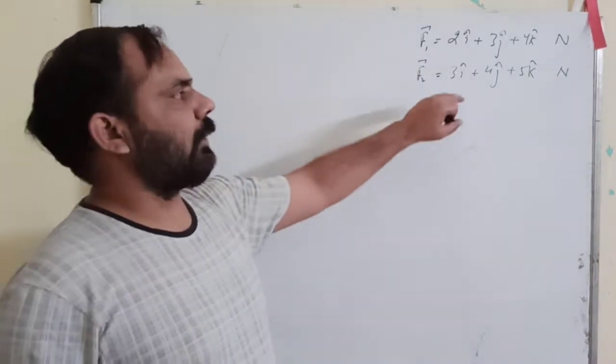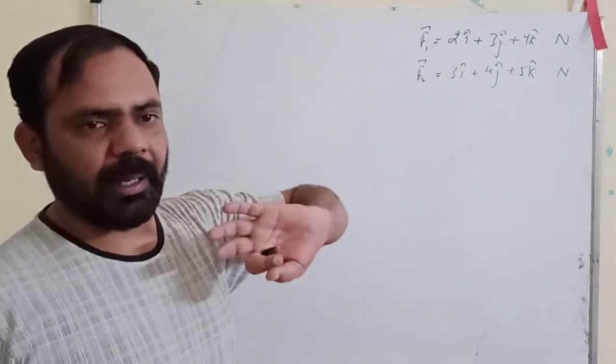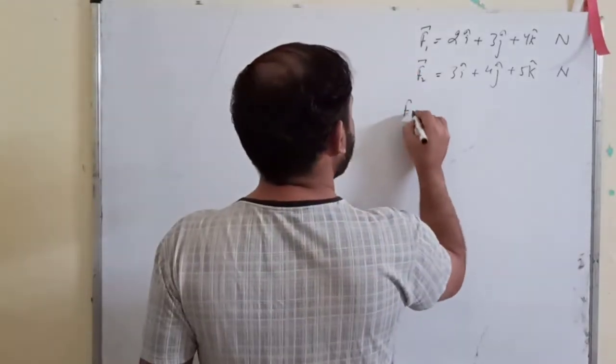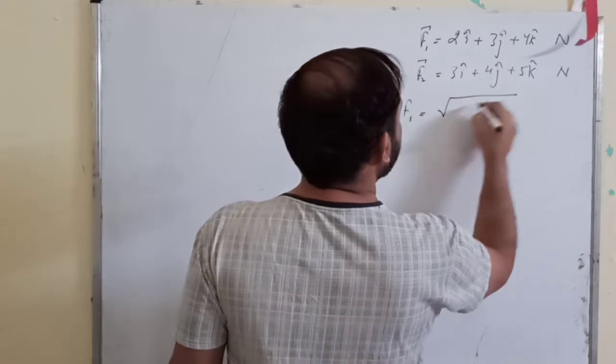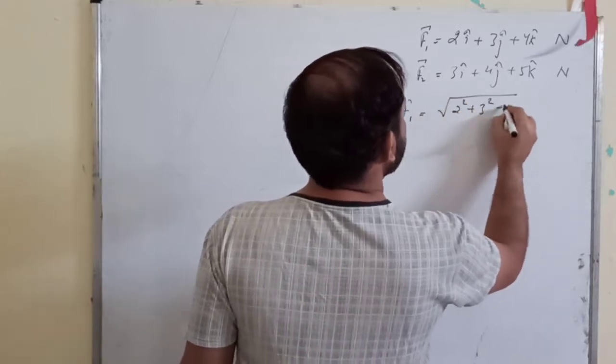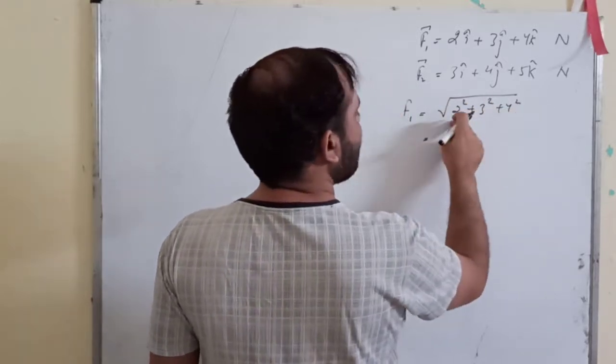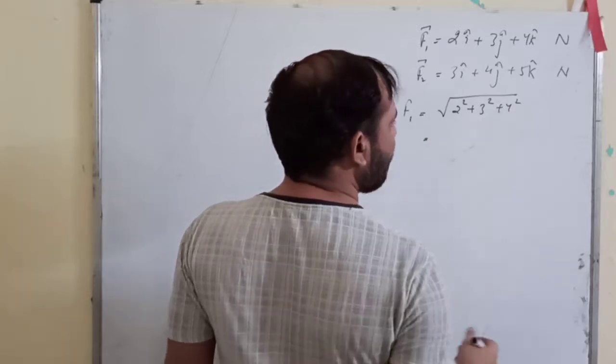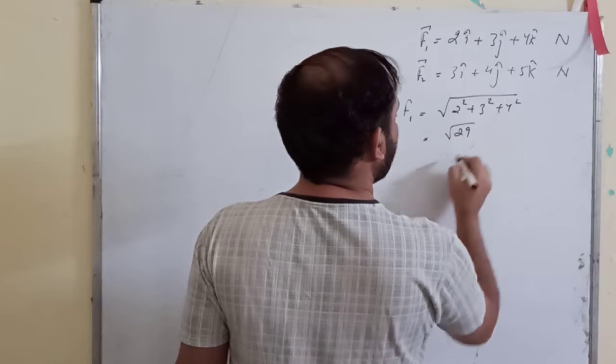This expression itself is telling us the direction and magnitude, right? What is the magnitude of f1? Under root 2 square plus 3 square plus 4 square, that is 4 plus 9 plus 16, under root 29.